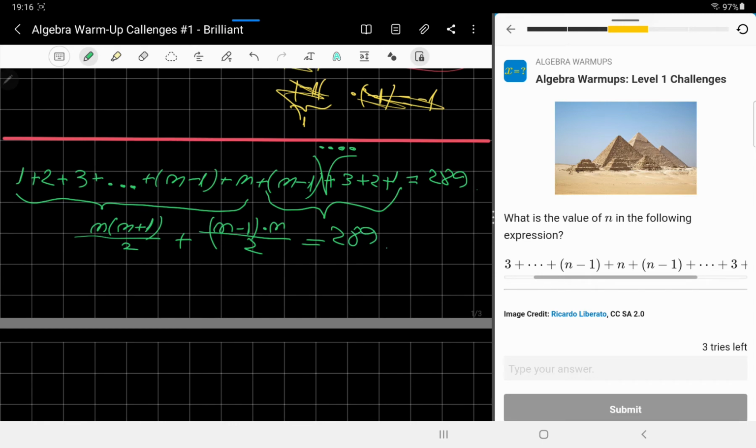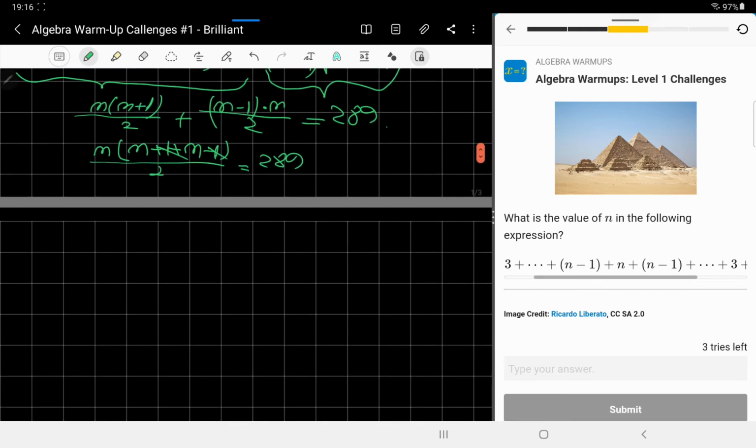Is it? So in this case, we'll have n over n plus 1 plus n minus 1 over 2 equals 289, minus 1 with plus 1.